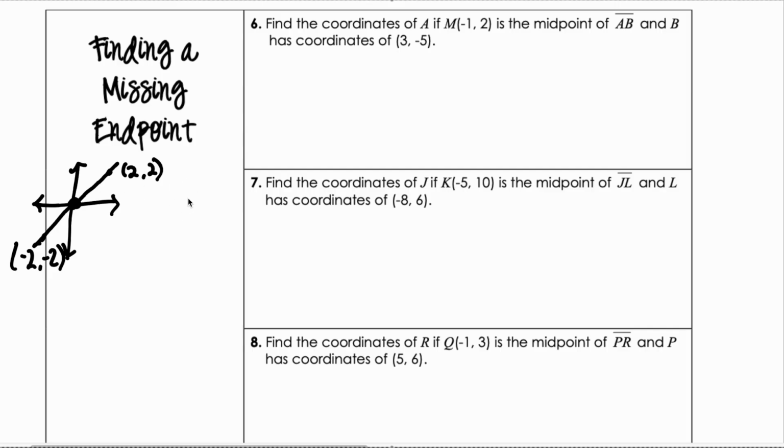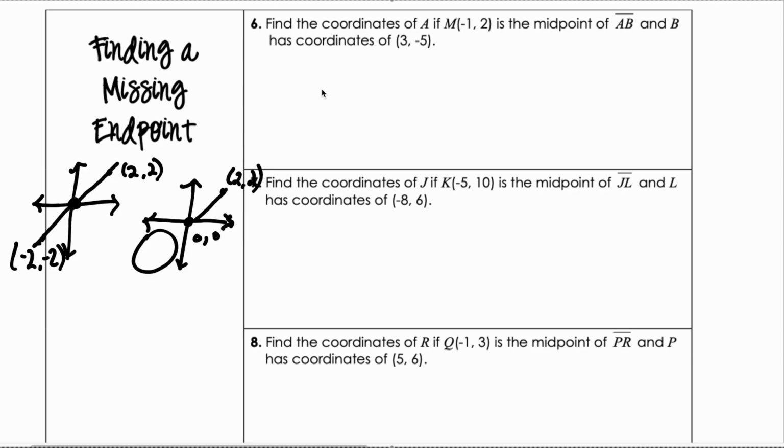But what if they said, hey, we don't know our endpoint, but we do know the midpoint. Okay, if they say that 2, 2 is one endpoint and the midpoint is 0, 0, what is the other point? We know it's going to be in this vicinity somewhere. Okay, well, other than me telling you what the answer was, you can use the formula to work backwards.